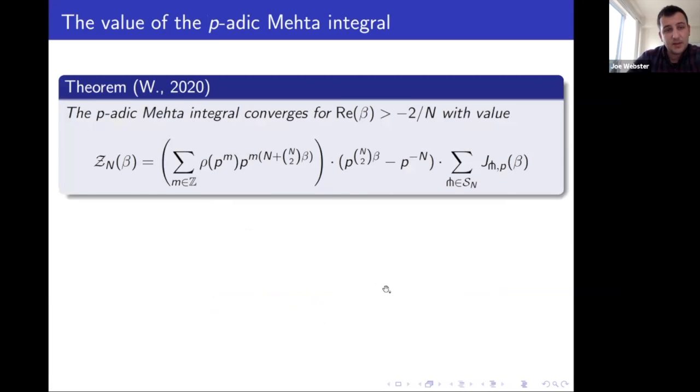And the theorem is that the p-adic Mehta integral converges actually for the same beta as the classical Mehta integral, which is kind of interesting, with this explicit value. So we have all that front matter that we saw from before, and then we have this finite sum of explicit rational functions that we just defined. Notice that I've evaluated them at t equals p.